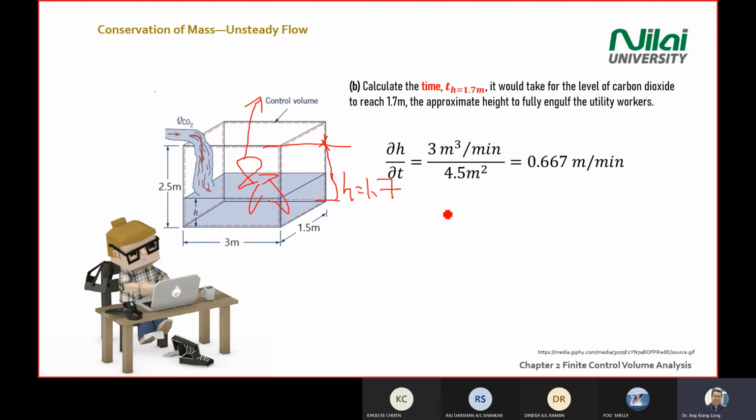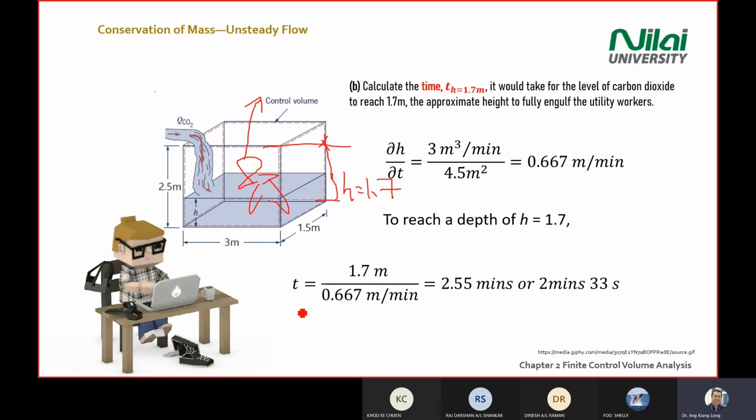So how do you find it? This is your dH over dt, the rate of the height, 0.667 meter per minute. So to reach 1.7 meter, you just convert dH over dt. You want to find your T, right?